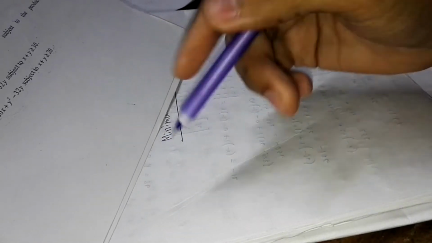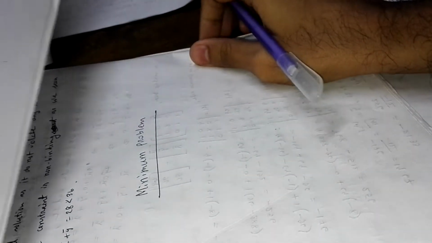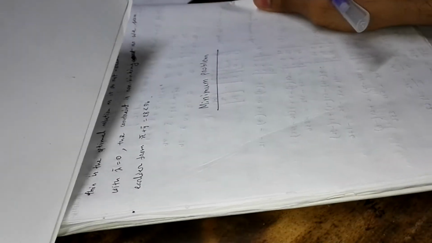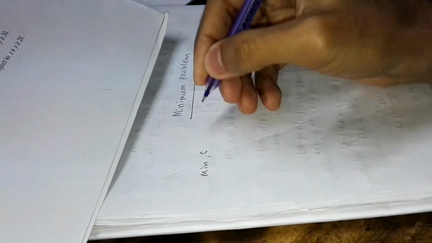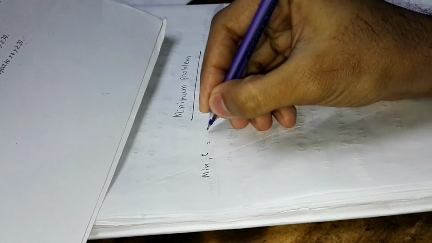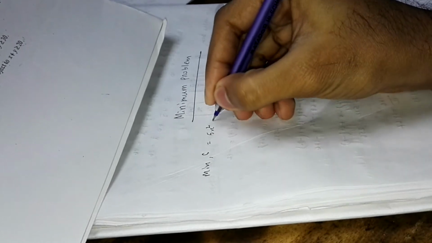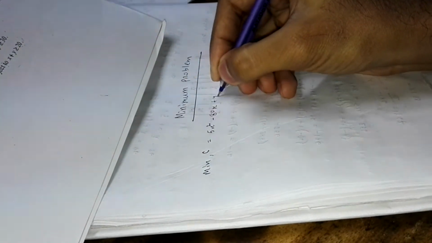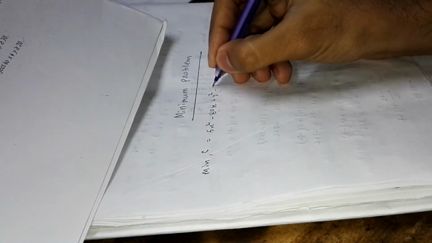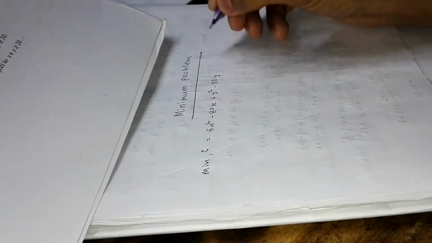So write it here first. We have the minimum problem here: minimize cost, which is equal to 5x squared minus 80x plus y squared minus 32y.